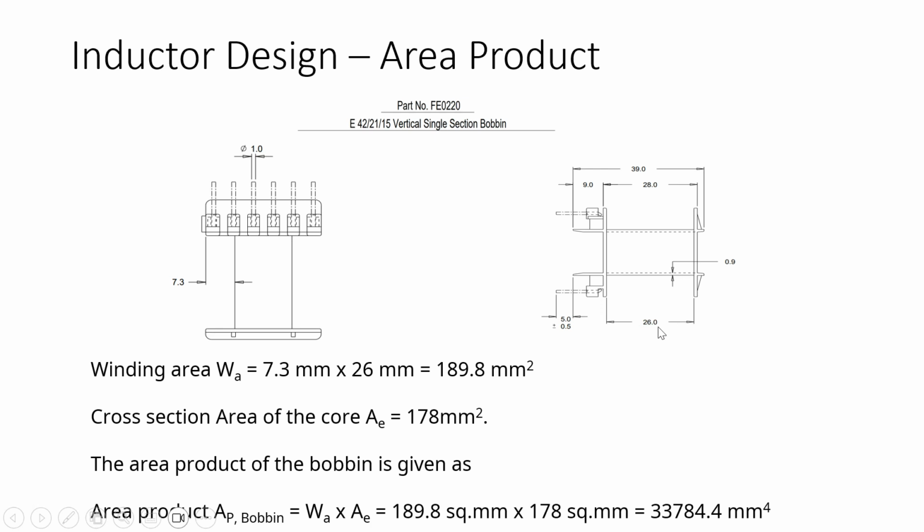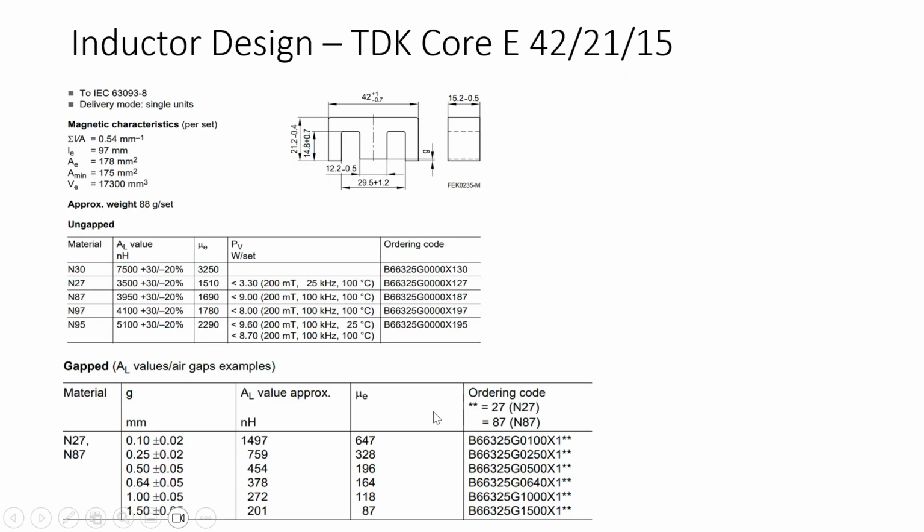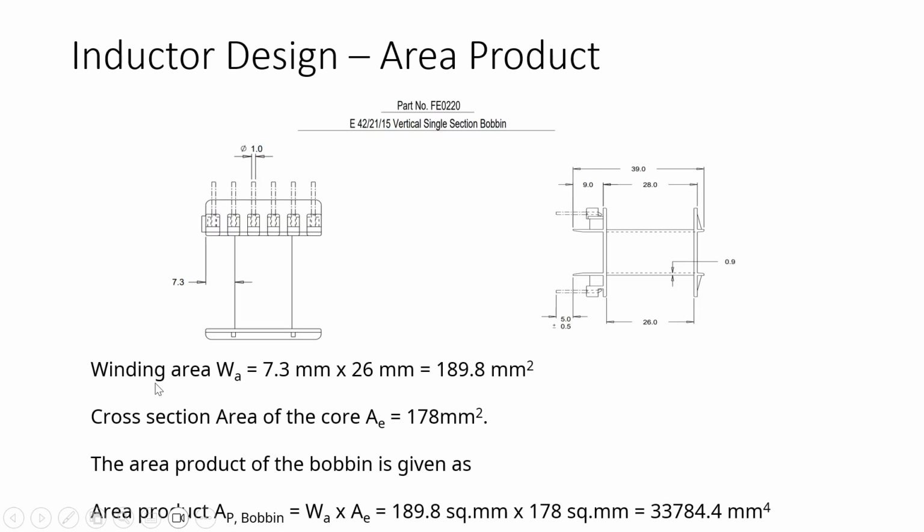So our winding area is 189 millimeter square, and the cross-sectional area of the core is this one, which we can see on this slide here. And now the area product will be equal to this value. So this particular bobbin and core have an area product of this one. So our area product will be less than this value if we want to use this bobbin and the core.